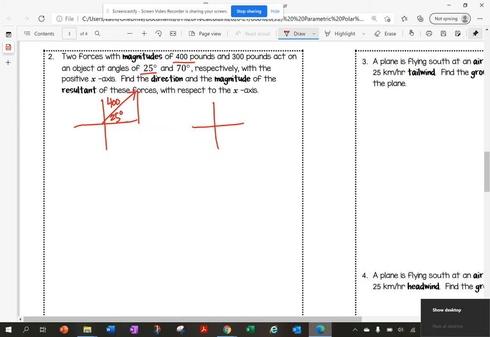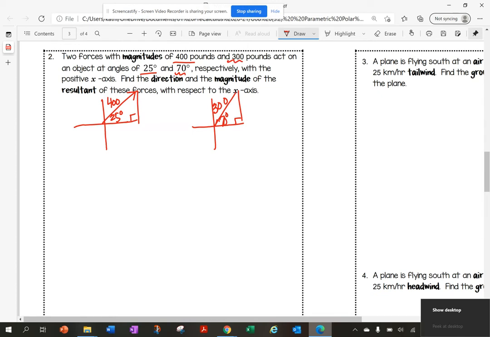And the second one is 300 at 70 degrees. It's hard to see, I'm sorry. 300 at 70 degrees. Okay.